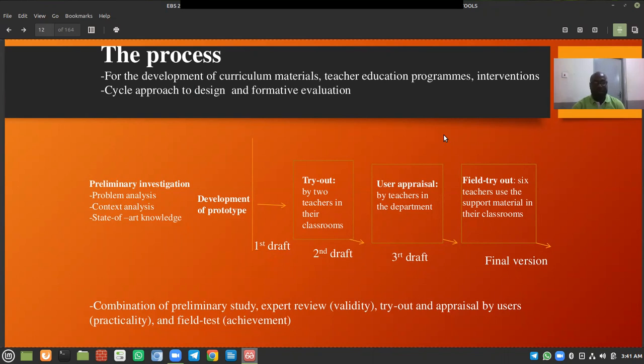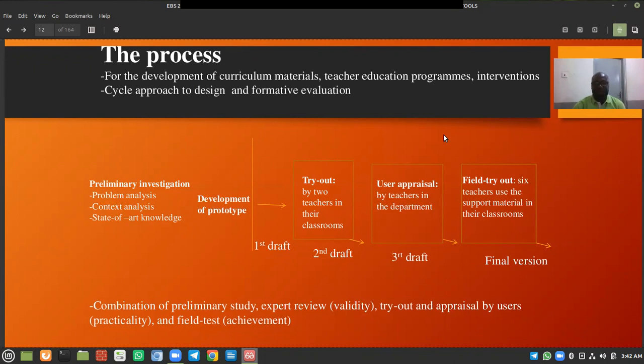So with the preliminary investigation taken care of, we are able to develop a prototype of the solution, the prototype of the design lesson, the prototype of how the lesson should be taught or handled, how the problem should be solved.